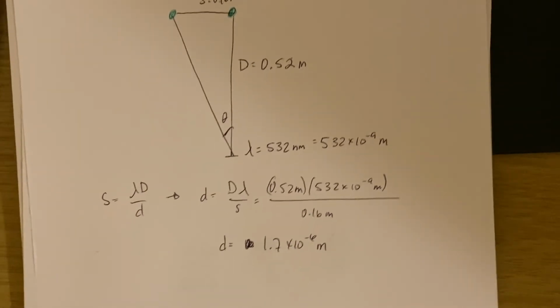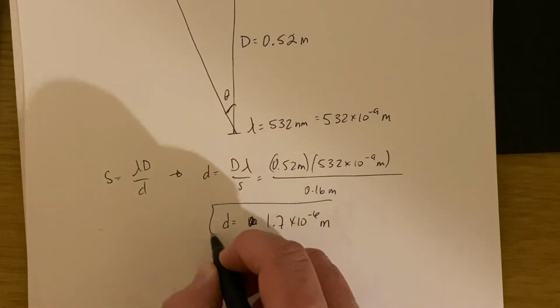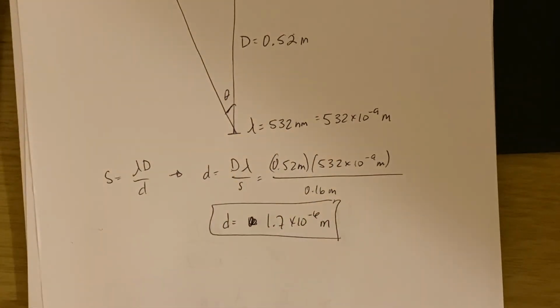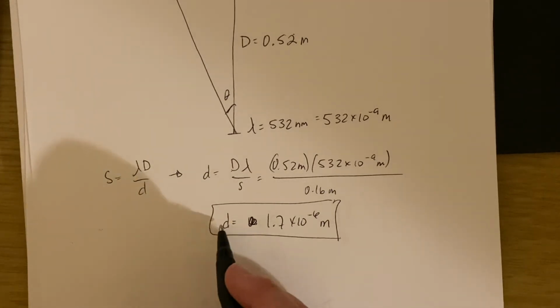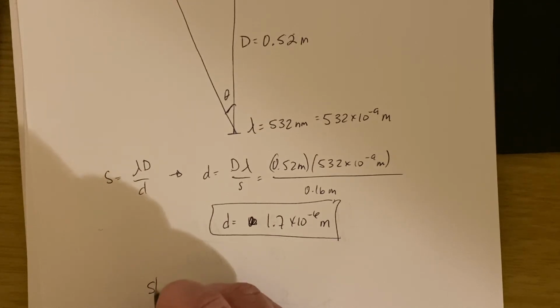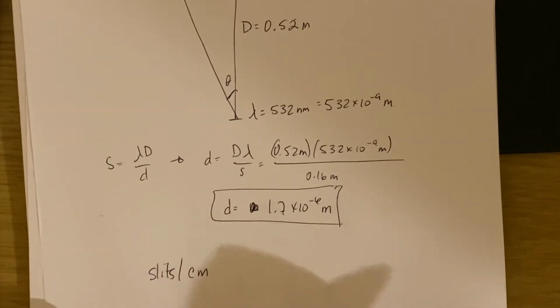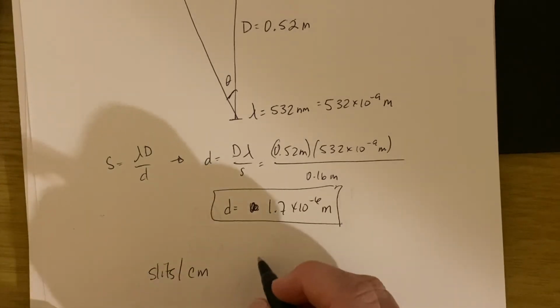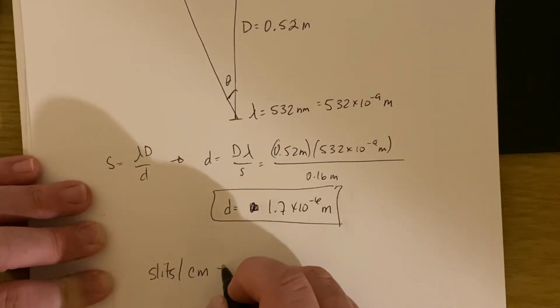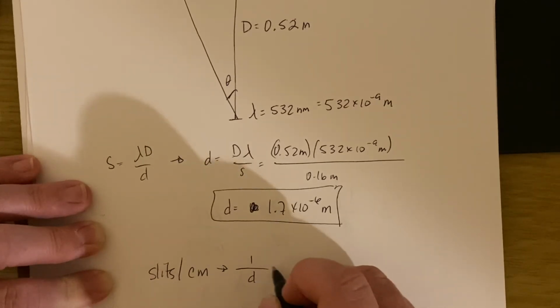When you're talking about a diffraction grating, so if you're just talking about the slit distance, that would be this right there. We've got that. With a diffraction grating, it's got a whole bunch of slits that are this far apart, and it's frequently measured in slits per centimeter. And so if we're going to get it into slits per centimeter, the first thing we would do is take 1 over d to get slits per meter.